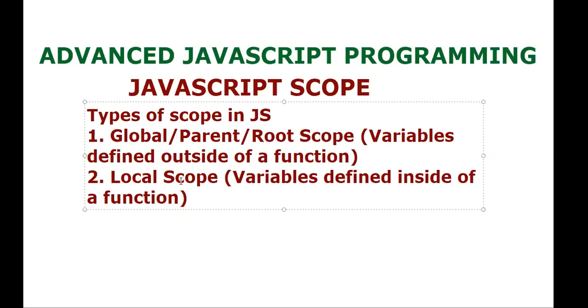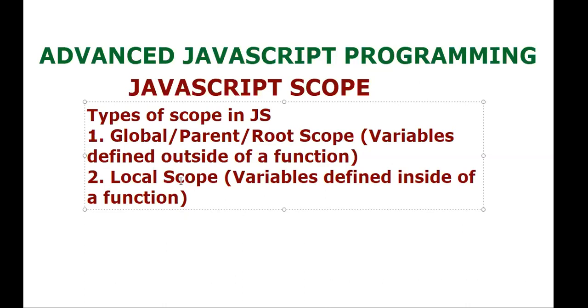So, like I said, JavaScript scope determines the accessibility of variables, objects, and functions from different parts of the code. By default, in JavaScript, you are in the root scope, which is the window object, if you remember.